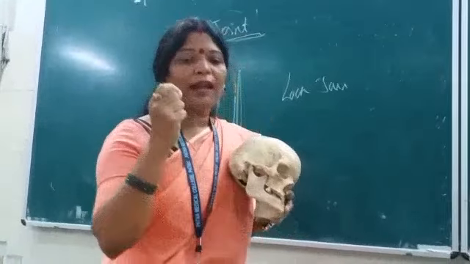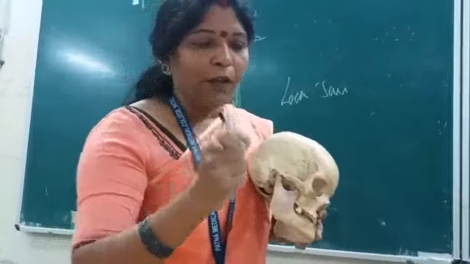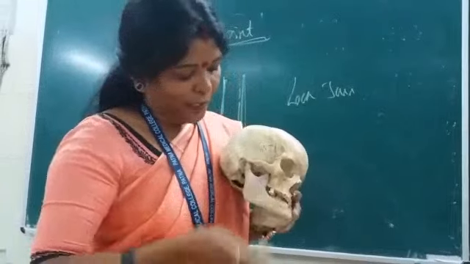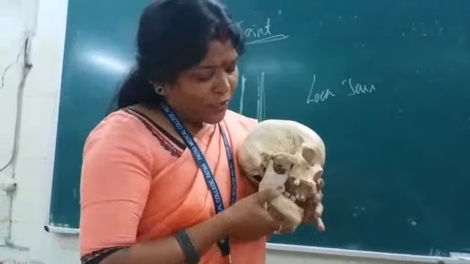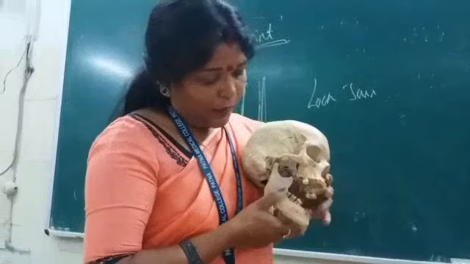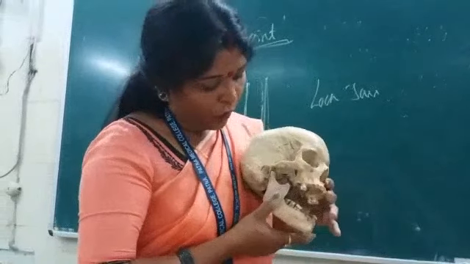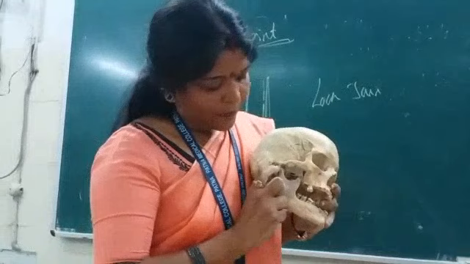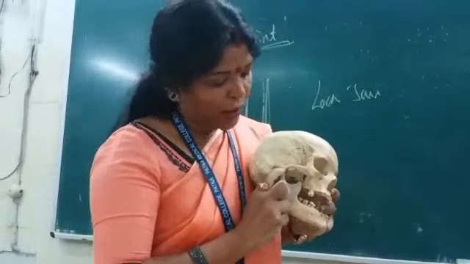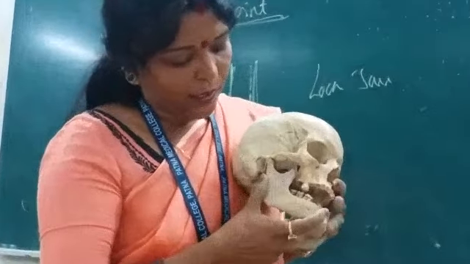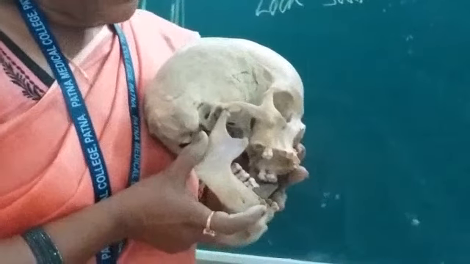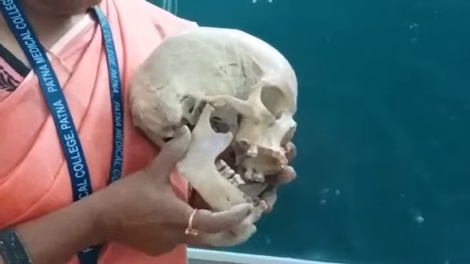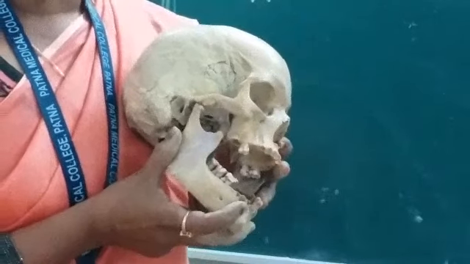So anteriorly is the only part where it is easily dislocated, because whenever there is yawning, overstretching of the mandible, or opening of the jaw, what happens? Sometimes the head of the mandible comes out of the articular eminence and moves forward, and then you say there is dislocation of the temporomandibular joint.